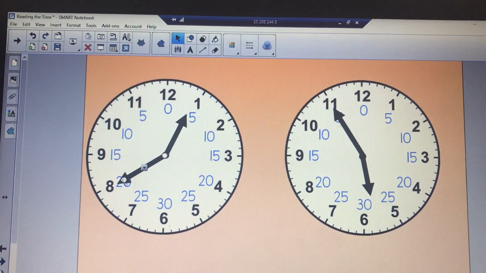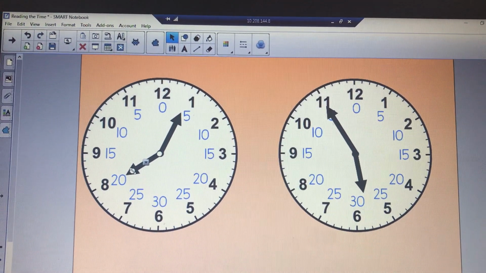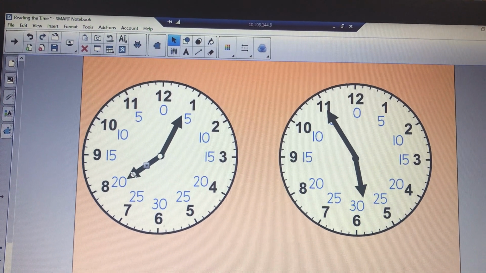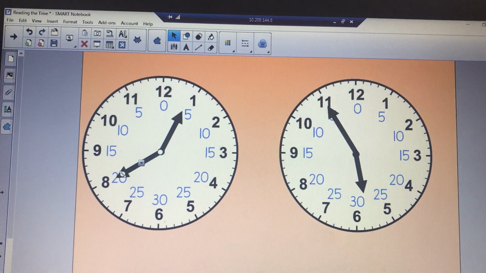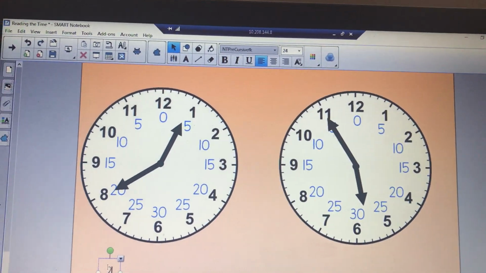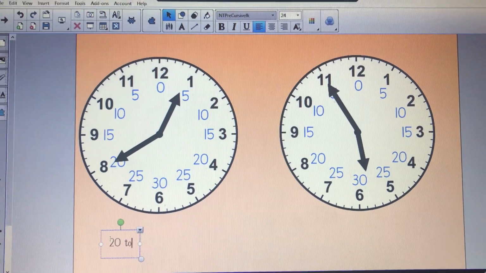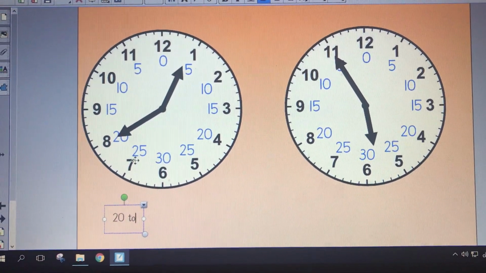Because it's the minute hand, we need to look back actually at the blue numbers here, and we would say, okay, it's pointing at the 20. So it is in fact 20 minutes to the next hour, okay?